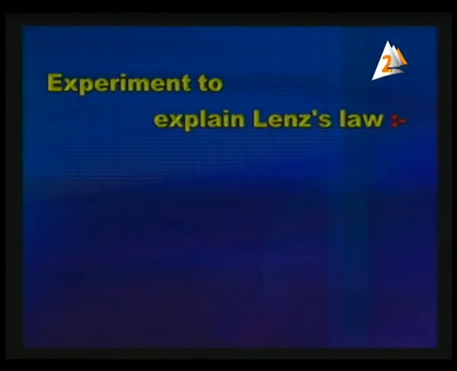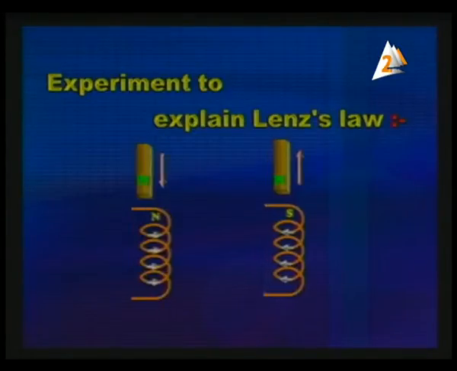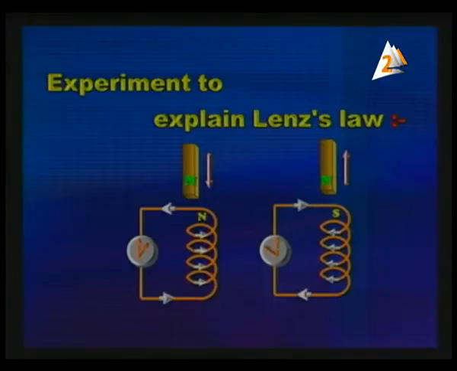And now let's demonstrate Lenz's law, an experiment to explain it. In front of you, we've got a coil which is connected to a center zero galvanometer. And a magnet is moved with the north pole towards the coil.